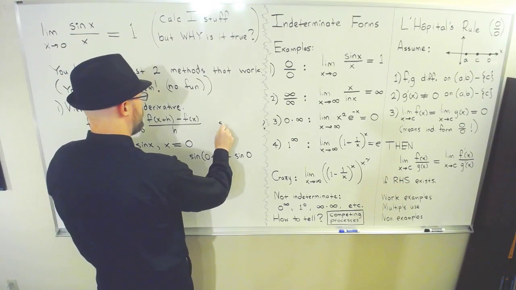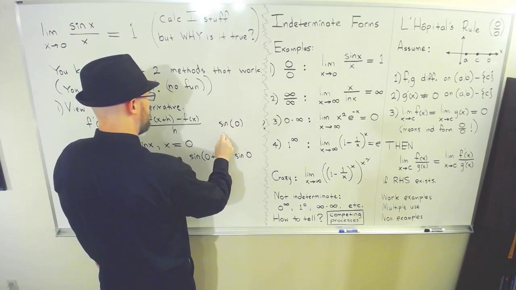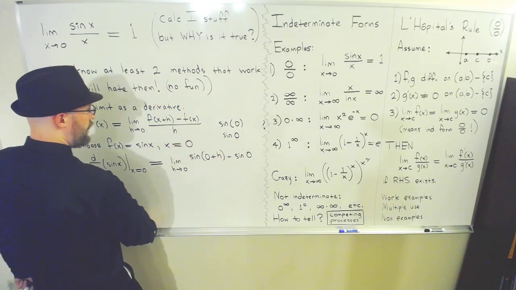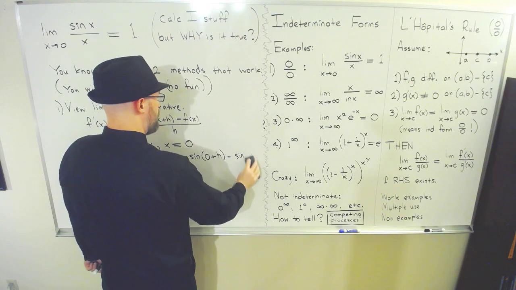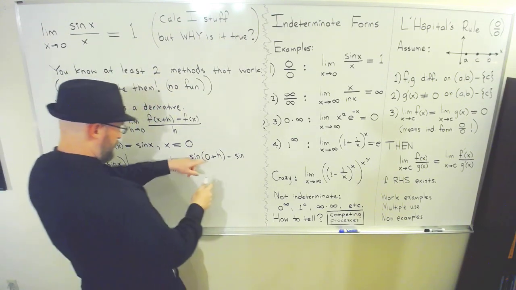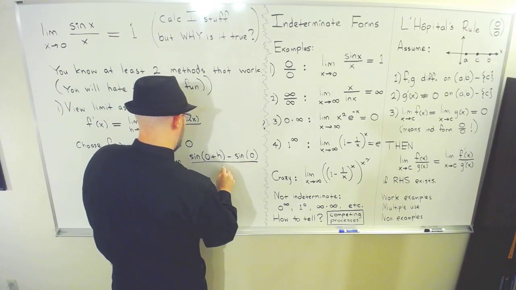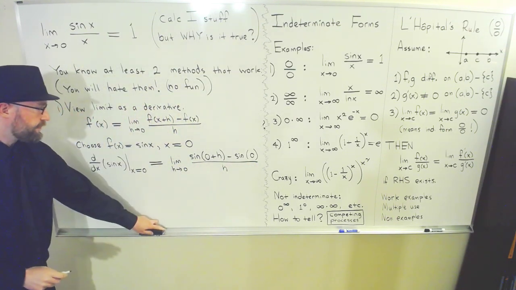Sometimes I may write sine of 0 like this, and sometimes I may forget and just write sine 0 here. They mean the same thing, it's just being sloppy or not. I guess since I've written parentheses here, I'll write parentheses here just so it looks the same. And then this is all over h.